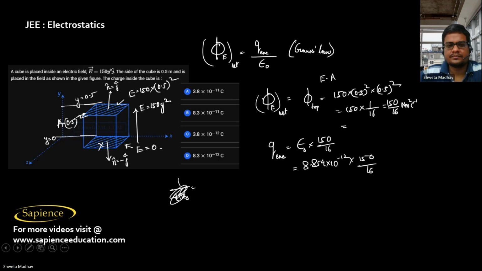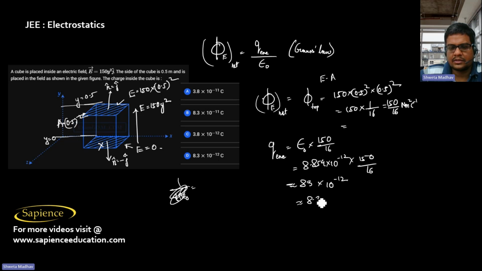This is 83 approximately. So it is 83 into 10 power minus 12. So I can say it is 8.3 into 10 power minus 11 coulomb. Option B is the correct answer.